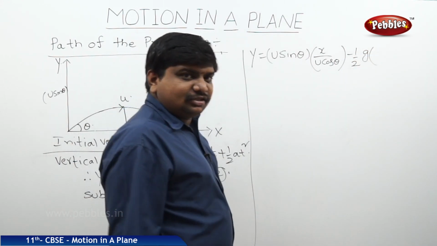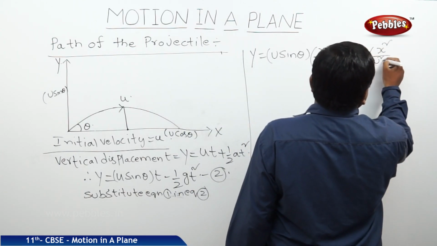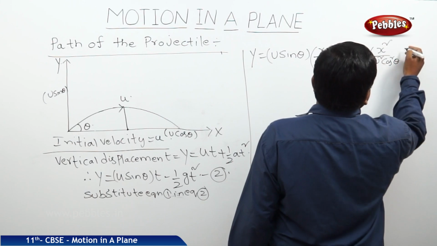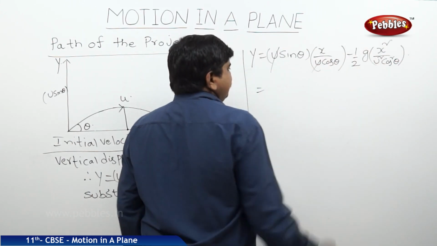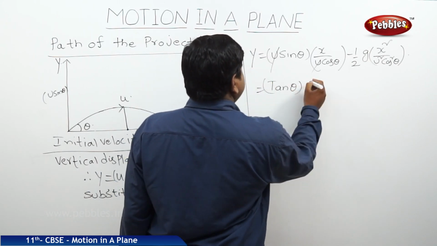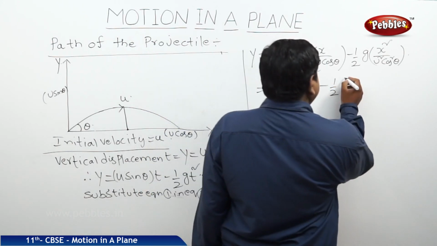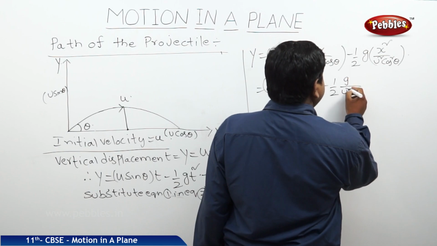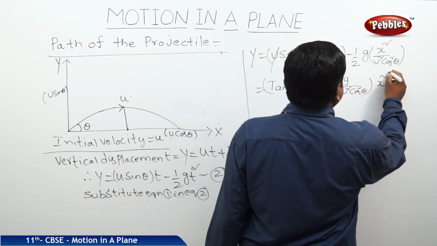So what is t square? x square by u square cos square theta. u and u get cancelled, sine by cos is tan, so therefore it is tan theta into x minus half g by u square cos square theta into x square.